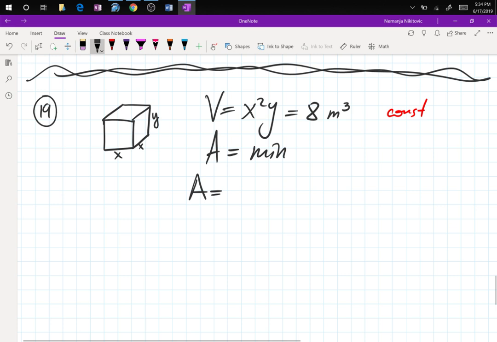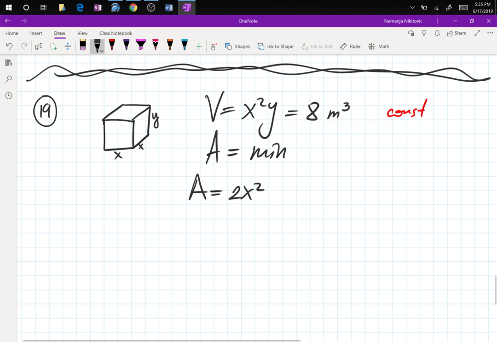2x squared, very good. We have 2x squared, we have a floor and a ceiling. Both floor and the ceiling of this box are x times x, that's area.